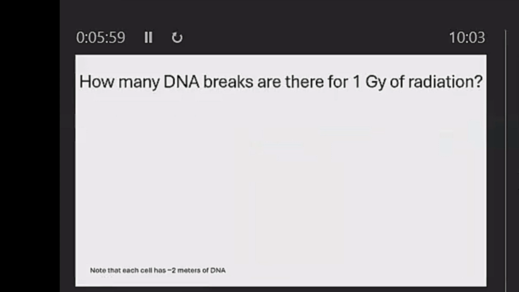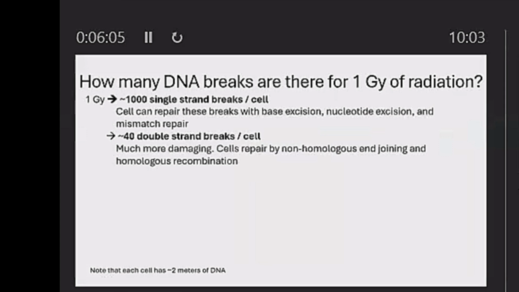So, how many DNA breaks are there for one gray of radiation? One gray causes about 1,000 single-strand breaks per cell, and about 40 double-strand breaks. And keep in mind that your DNA is about 2 meters long.